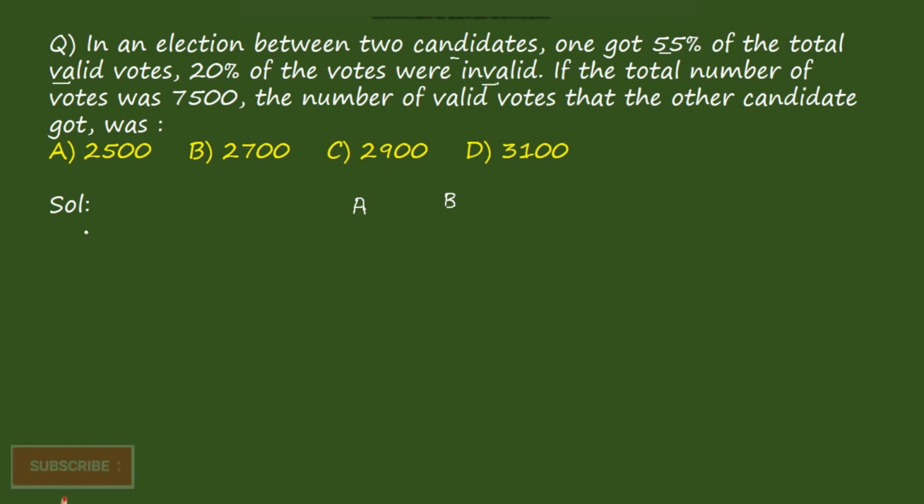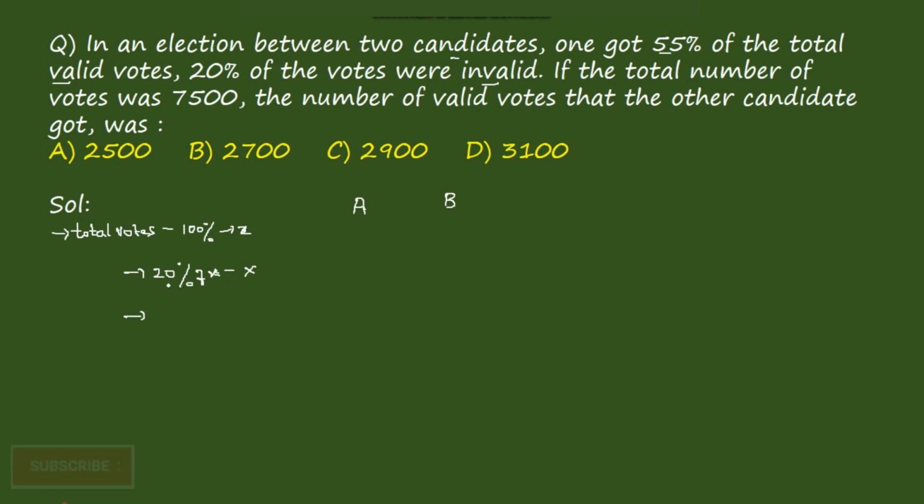Okay. First, we'll be considering one thing: total number of votes. Total votes was nothing but 100%, which we consider as X. Okay. And they are saying that 20% of X was nothing but invalid. Alright.